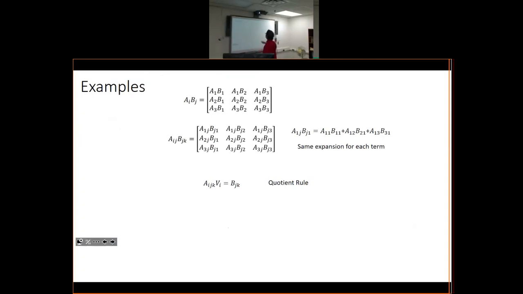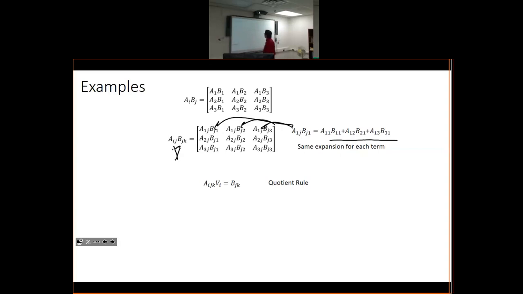So again, if you have an example, capital A with index i and B with index j, then this is the same as a matrix with products of each term. If you have one dummy variable, you need to expand this dummy variable and substitute them for each term using this summation.